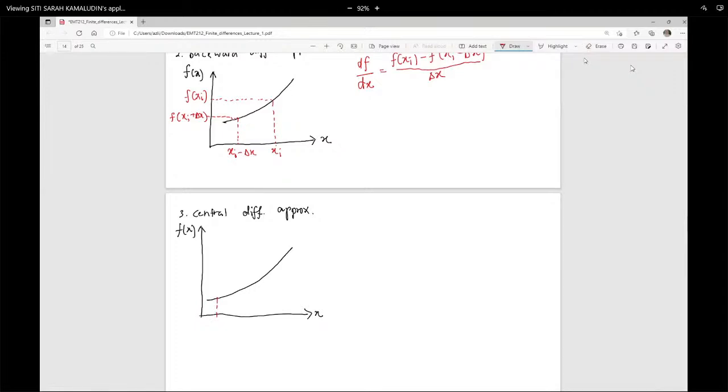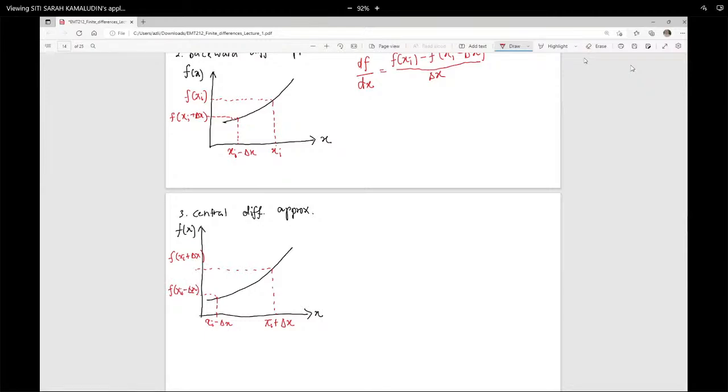So for central difference, we have xi minus delta x, also we have xi plus delta x.